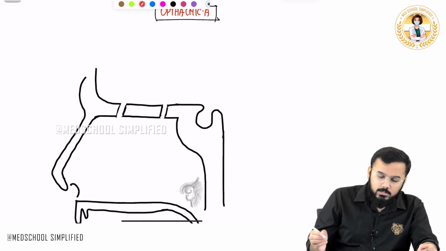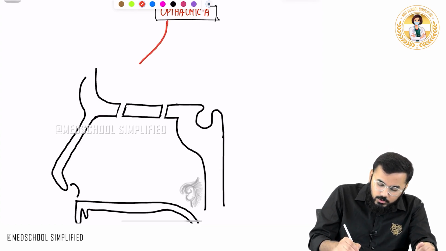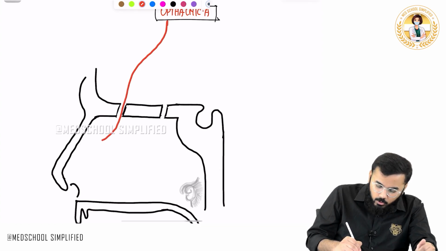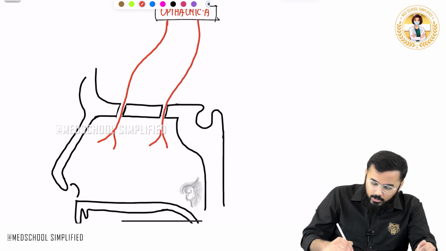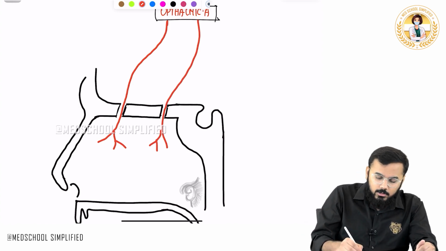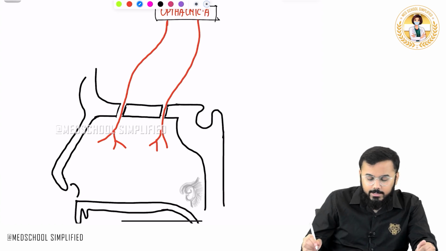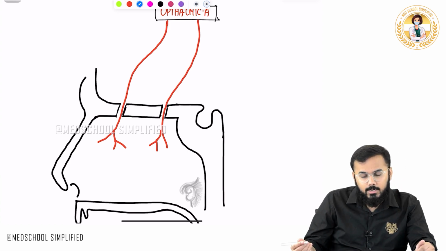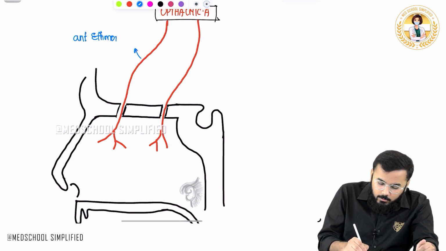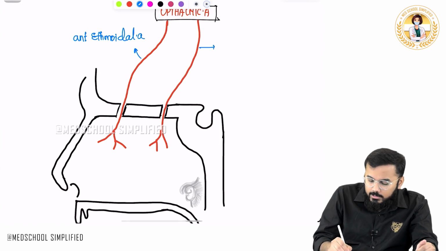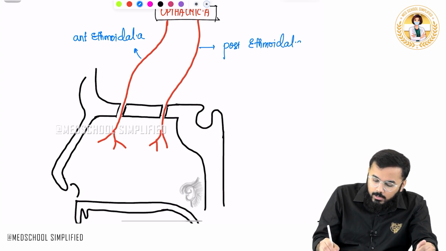So why am I telling you this? The reason is that this ophthalmic artery gives two branches. One branch passes through the anterior ethmoidal foramen like this. Another branch passes through the posterior ethmoidal foramen in this way. Clear? So this branch is called the anterior ethmoidal artery and this branch is called the posterior ethmoidal artery.